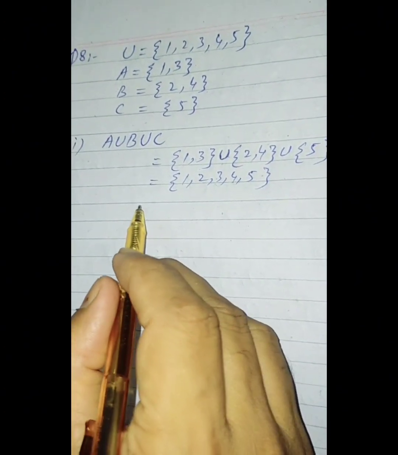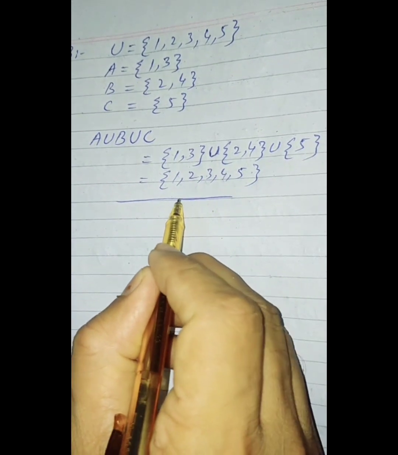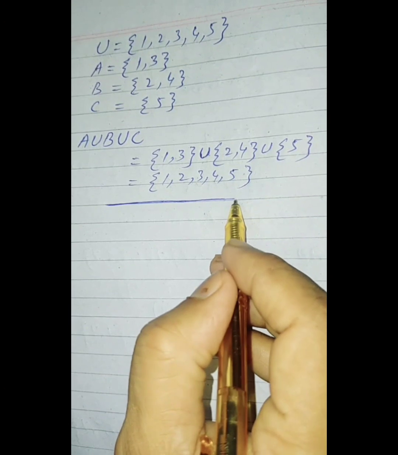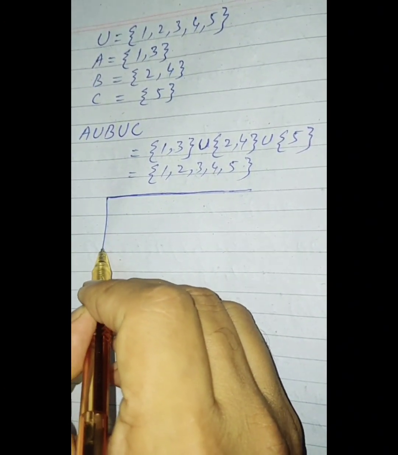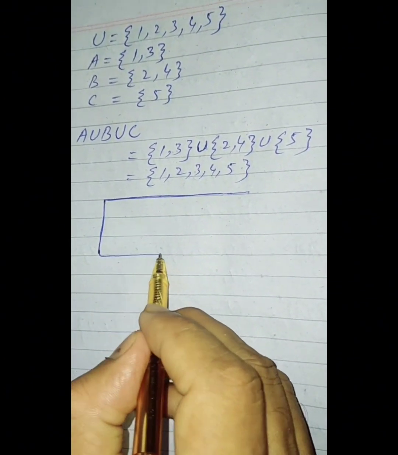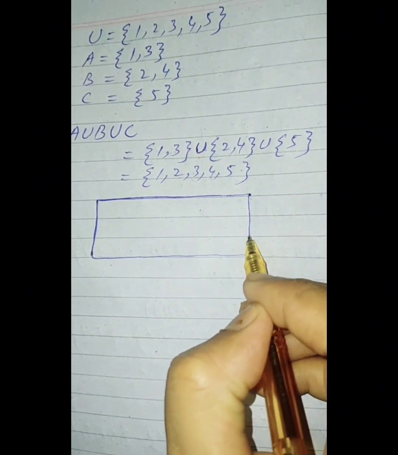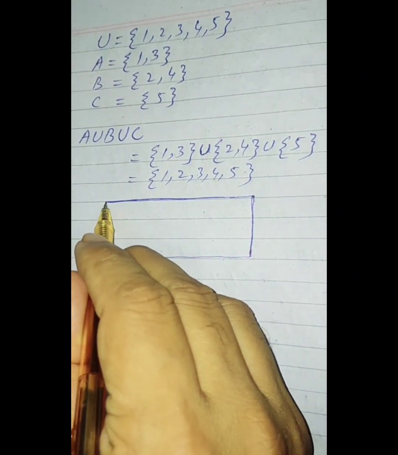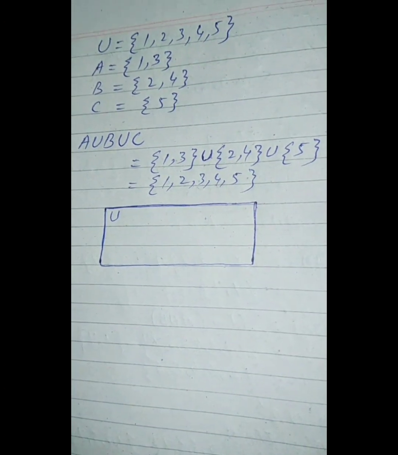So this is the union set for all the three sets A, B and C. If you want to show this by a Venn diagram, we know that a Venn diagram is a pictorial representation of sets. For the universal set we use a rectangle. So this rectangle shows the universal set.